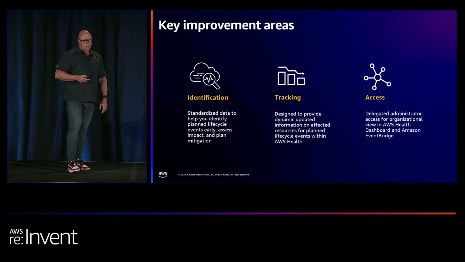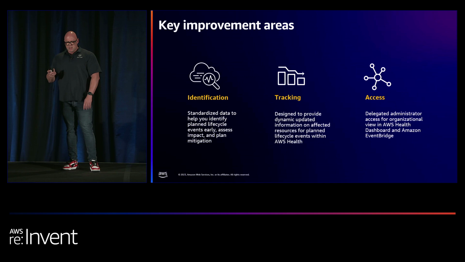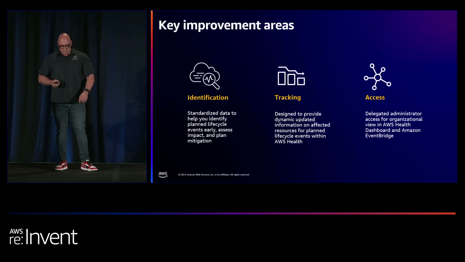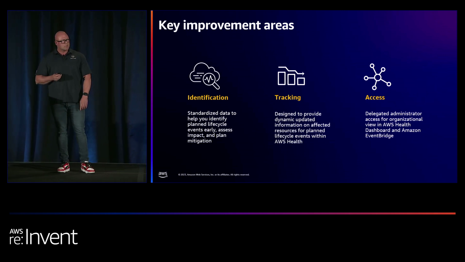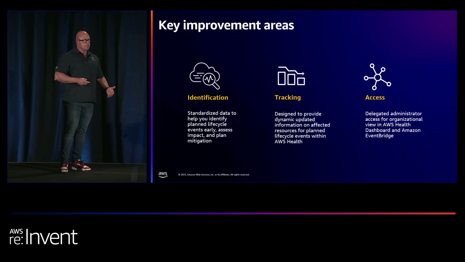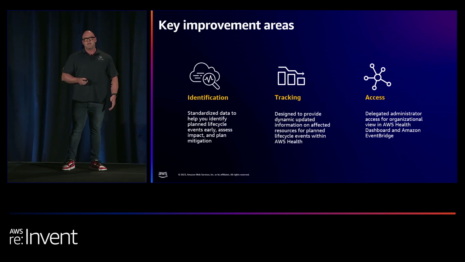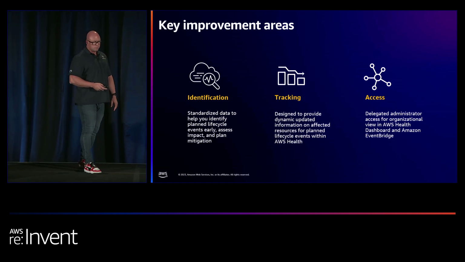First, I'm going to show you how we're using standardized data and processes to help you identify these events early and give you more time to assess the impact and plan for the mitigation across your organization. Secondly, I'll show you how we're using a new feature that we're calling resource burndown to allow you to natively track progress against these events in AWS Health. Finally, I'm going to talk to you about the improvements that we've made in our support for AWS organizations to help you manage these events at scale.